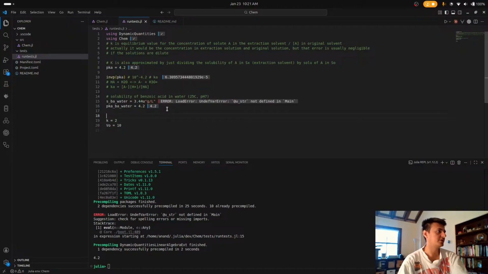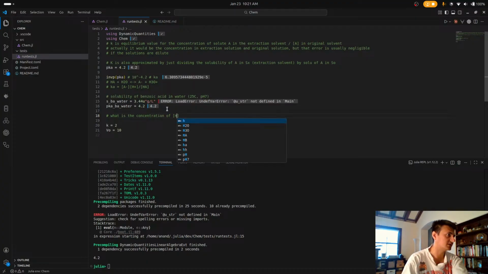So now what I want to know is what is the answer. The question is, what is the concentration of H plus in the water in, let's say, 10 milliliters of water?